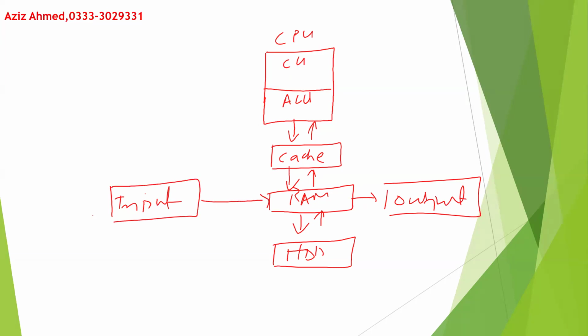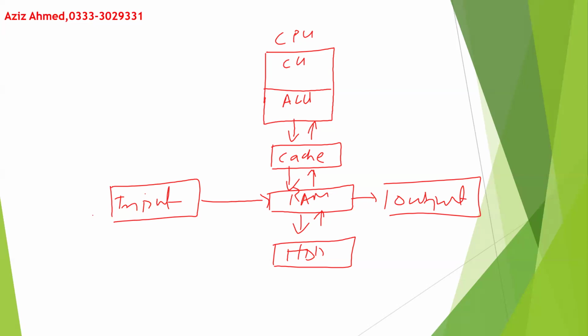Okay, now see, whenever we give data from an input device, it is always stored in RAM. Like I'm writing on screen, it is being stored in RAM. So RAM is the primary storage. And from the RAM, output device shows data.